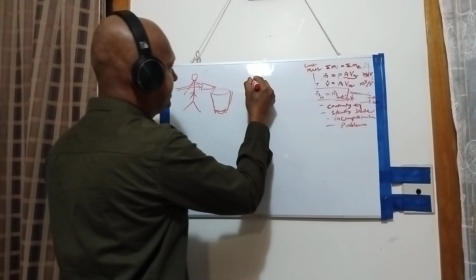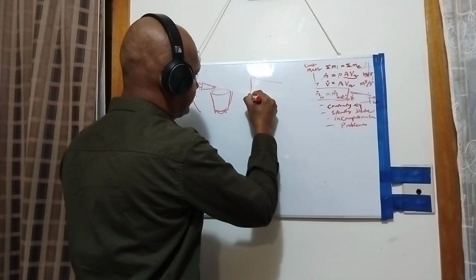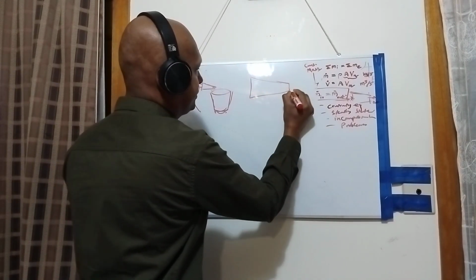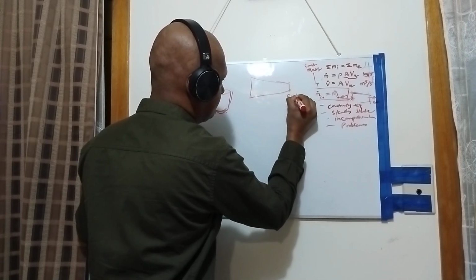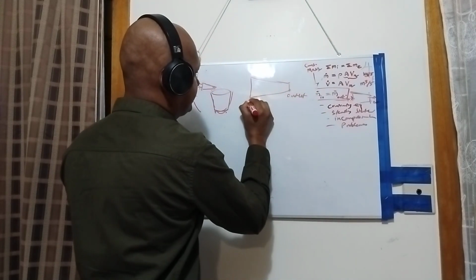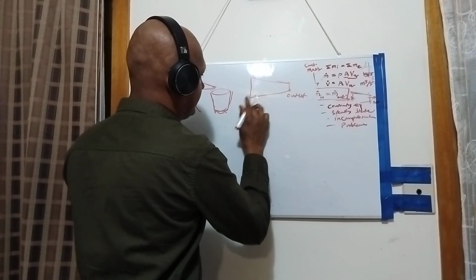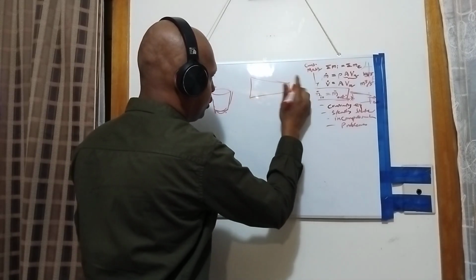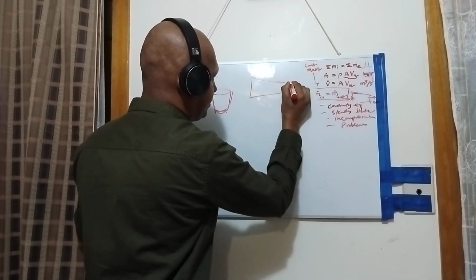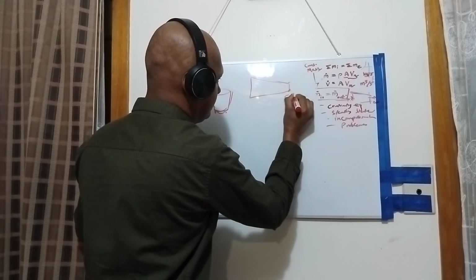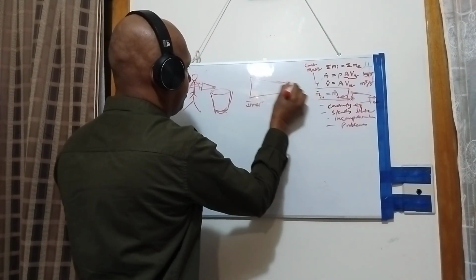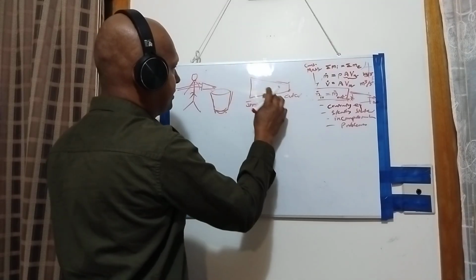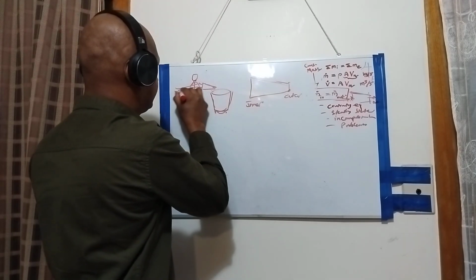If you magnify this, that's like a nozzle. That's the outlet. That's the inlet. That's the outer part of the nozzle, and this is the inner part of the nozzle. And that's the hose.